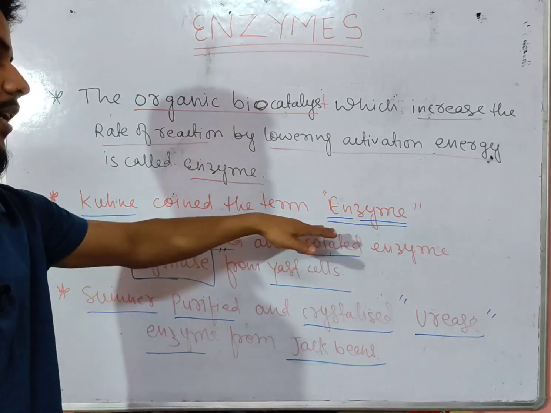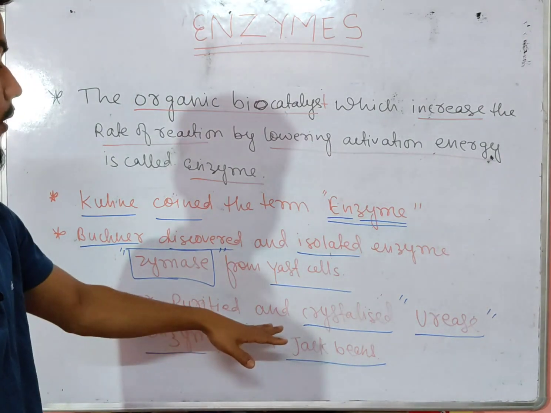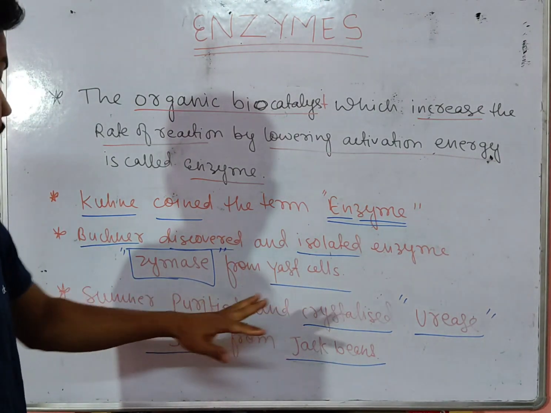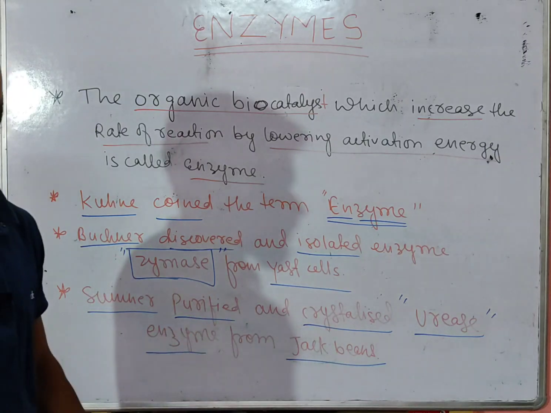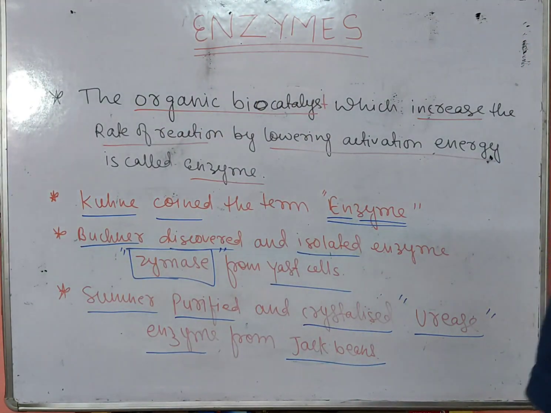The term enzyme was coined by Kuhne, zymase was isolated from the yeast cell by Buchner, and urease was first purified and crystallized by Sumner from jack bean. Okay.